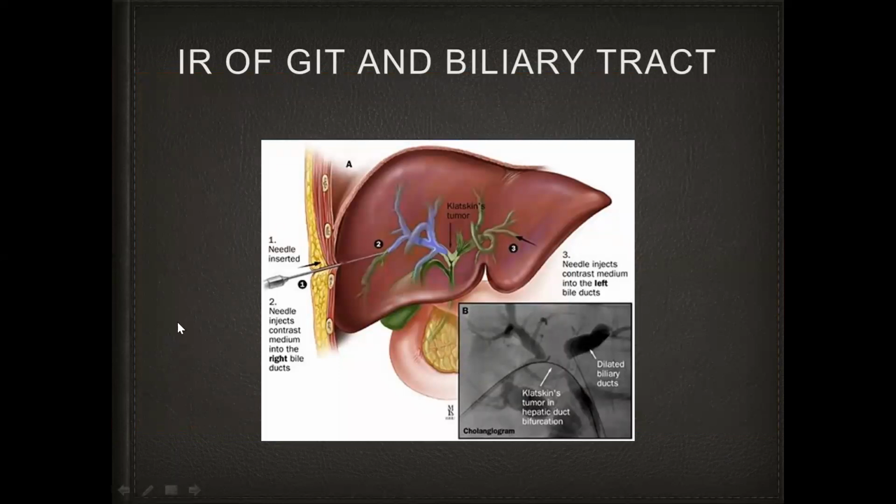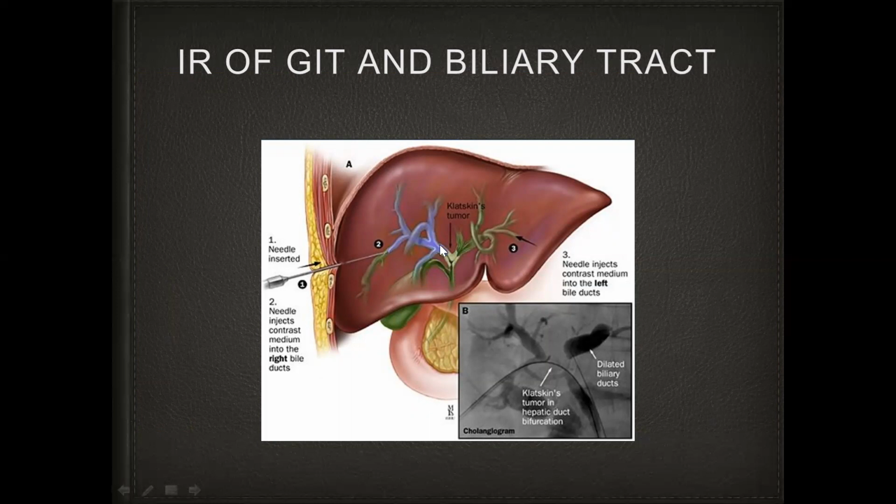So how it is done is the same, by the Seldinger technique. You put a needle into the bile duct, which is usually dilated because of obstruction, under ultrasound and fluoroscopic guide. Then you put a guide wire into the bile duct. You put a sheath. Then you try to bypass this stricture.